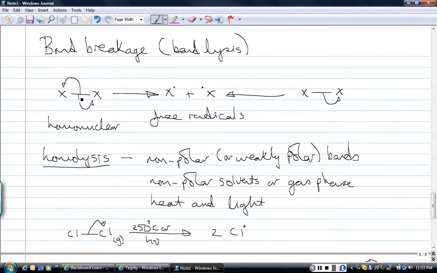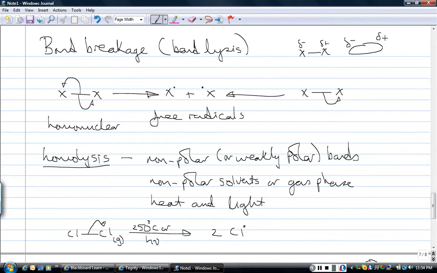I also want the solvents to be non-polar, because if I put this molecule in a solvent which is polar, say delta minus, delta plus, then what will happen is the delta minus of this molecule would tend to repel the electrons in the bond away from here. And that will therefore create a dipole, a delta minus and a delta plus, in this molecule.